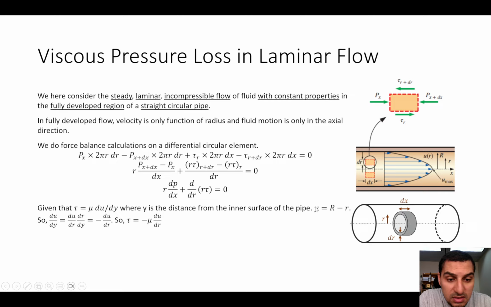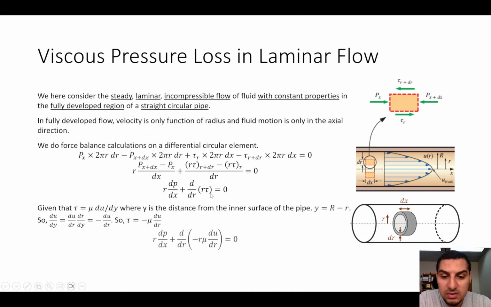If you differentiate r equals R minus y with respect to y, R is constant, so its derivative is 0, and the derivative of minus y is minus 1. So dr by dy is minus 1, and du by dy is negative du by dr. So we can write the tau as negative mu du by dr.